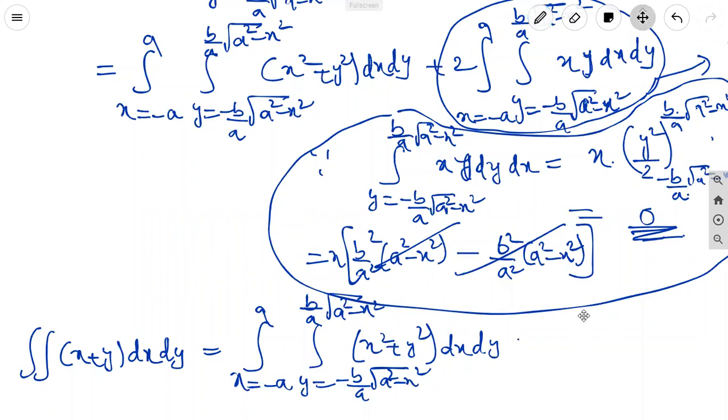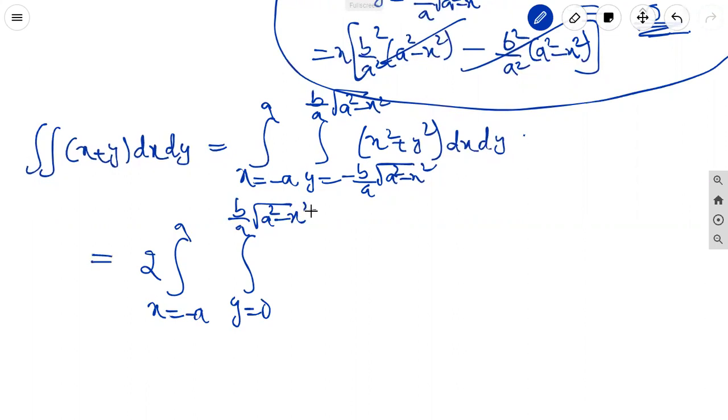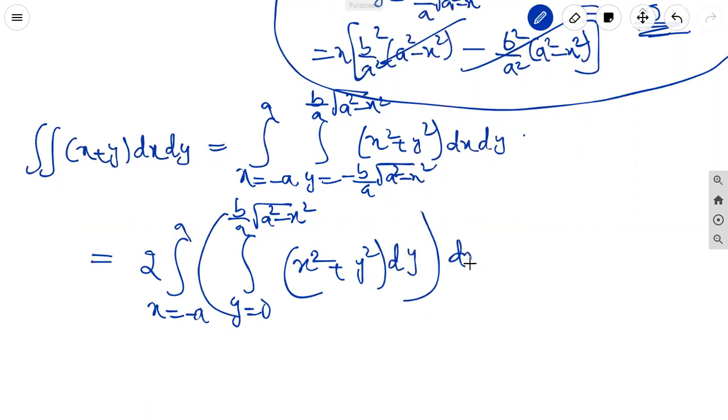Now, first we are integrating with respect to y. Since the limits are symmetric, we can write 2 times the integral x equal to minus a to a, integral y equal to 0 to b by a under root of a square minus x square, of x square plus y square dy, whole dx.